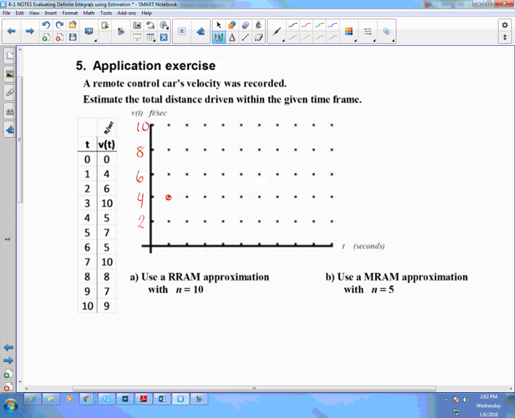So 1, 4; 2, 6; 3, 10; 4, 5; 5, 7; 6, 5; 7, 10; 8, 8; 9, 7; and 10, 9.